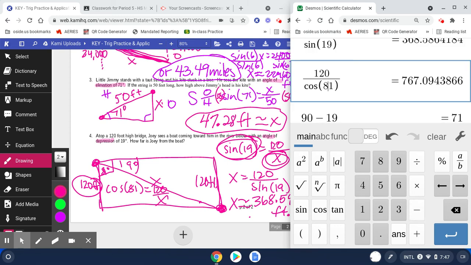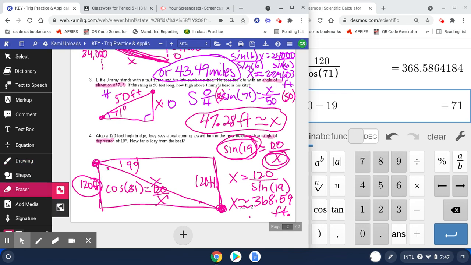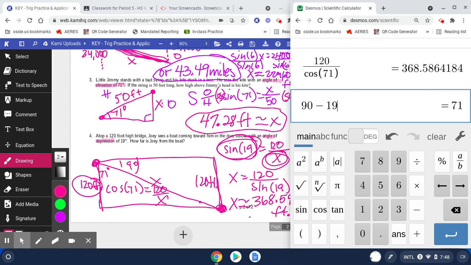We were supposed to make it 71. Sorry, guys. Let's go fix this over here. You probably figured out my mistake earlier than me. 90 minus 19 is 71, not 81. And so that's going to make this right here 71. And now our answer comes out the same as 368.59.